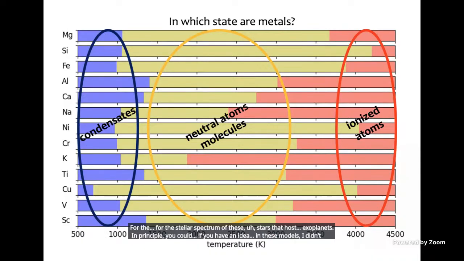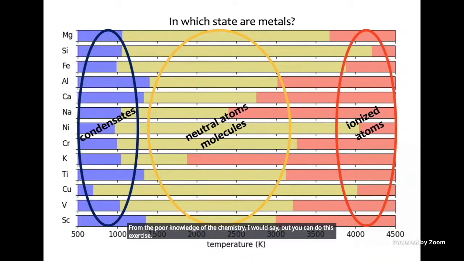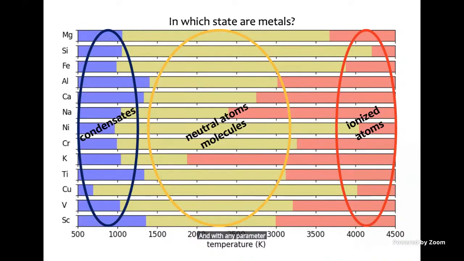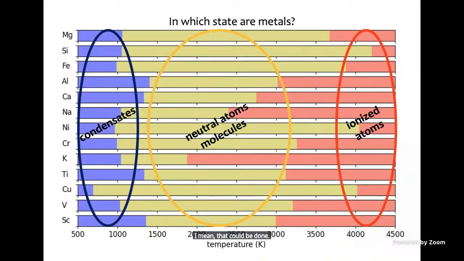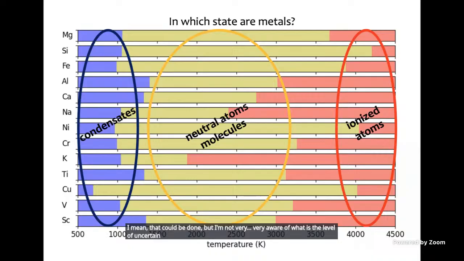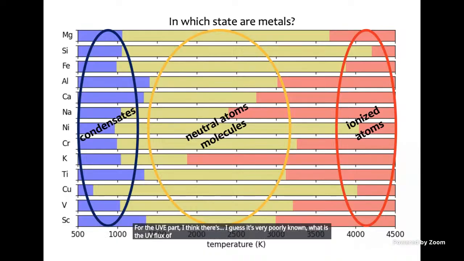I just focus on the uncertainty arising from the poor knowledge of the chemistry. But you can do this exercise with any input parameter that you consider could be uncertain. I am not very aware of the level of uncertainty, but I would say it is large for the UV part. I guess it is very poorly known what the UV flux of these stars is.